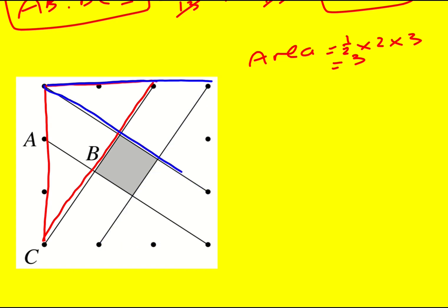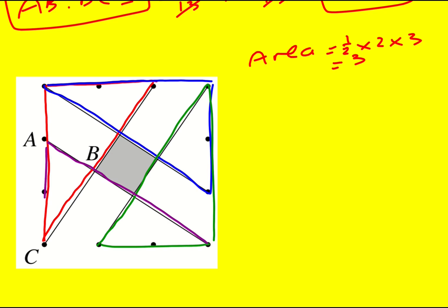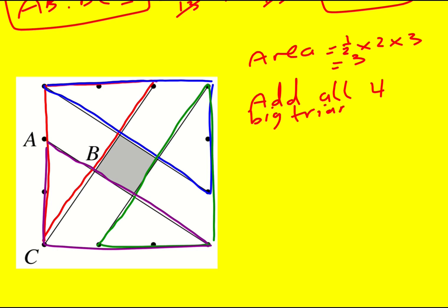Sorry, I'm just trying to do them in different colors to make it clear. Okay, if I add up all 4 triangles, that's going to give me 12, but I've double counted.